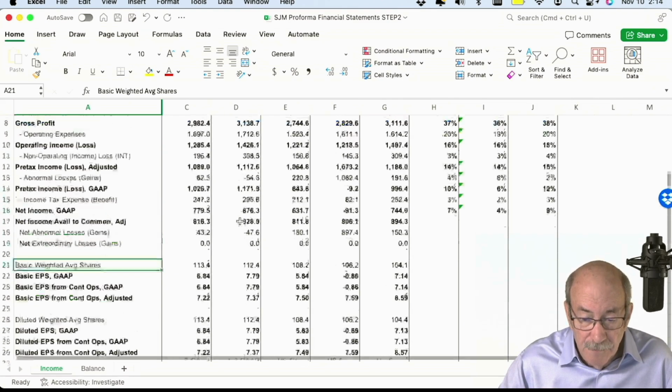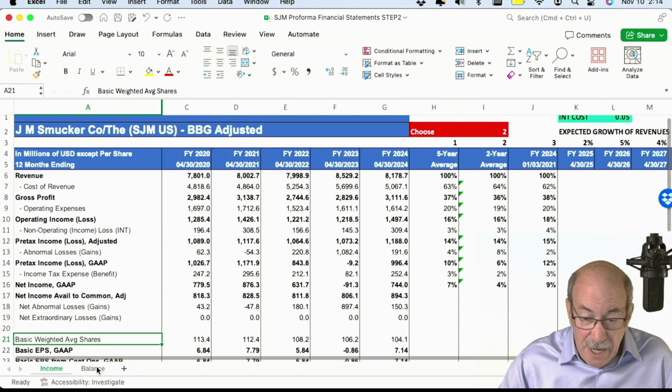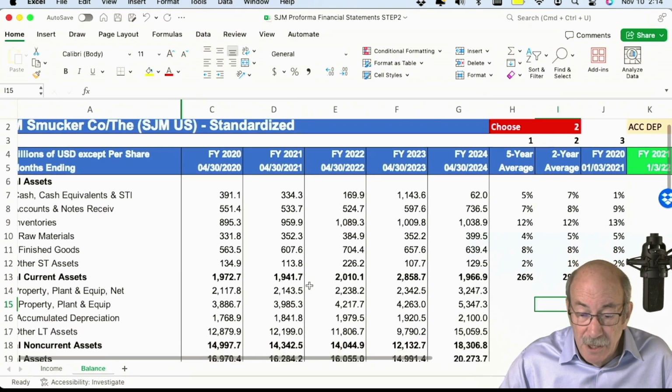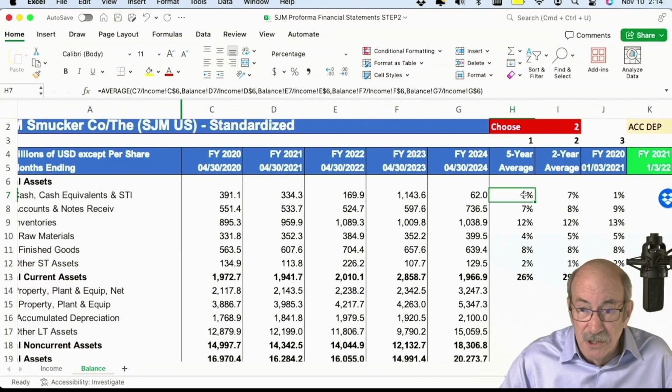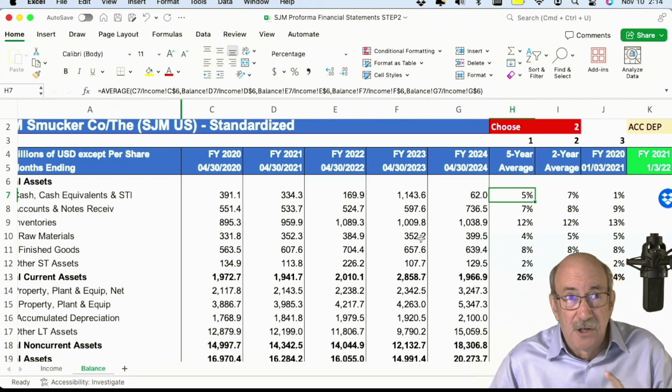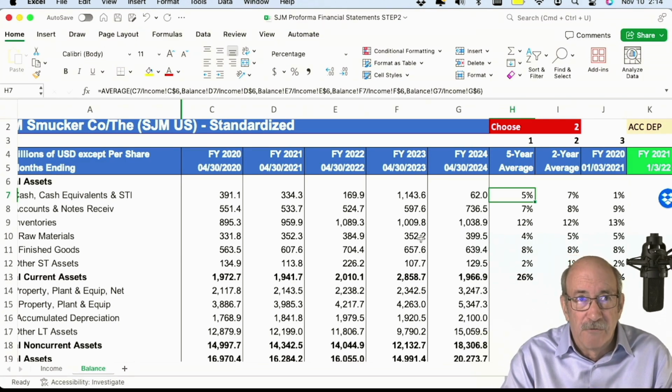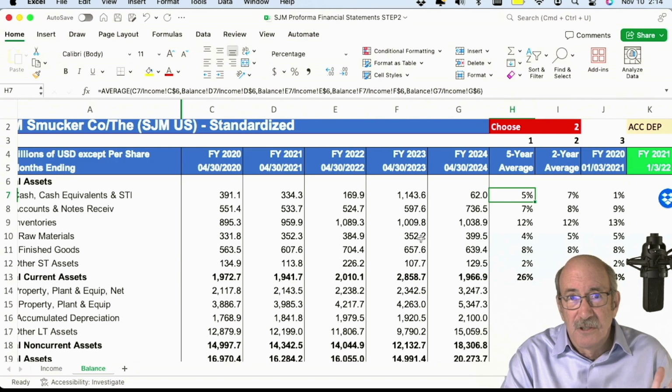All right. And then if we go over here to the balance sheet, you'll notice that I've done the same thing. I'm calculating these percentages as a percent of revenue, right? Remember, there's a difference between the percent of sales method of doing pro formas and a standardized balance sheet.